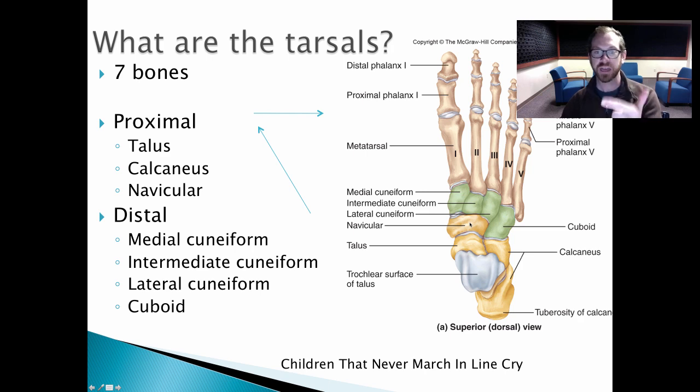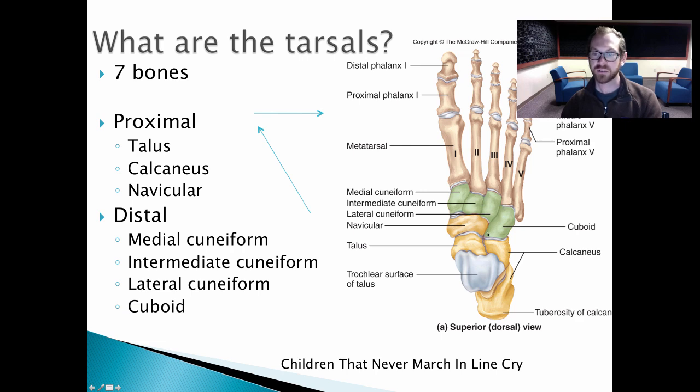So children that never march. This is our medial cuneiform. Okay, medial cuneiform. Then we have another cuneiform, but this is our intermediate cuneiform here. And then we have our lateral cuneiform here. So this is children that never march in line: medial, intermediate, lateral cuneiform.